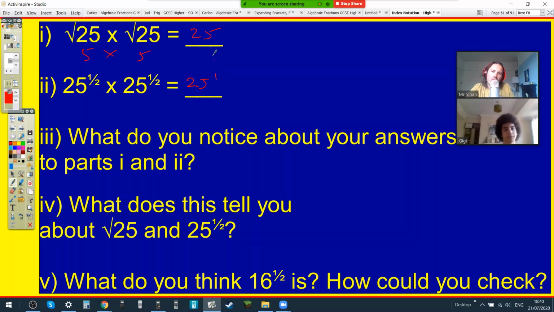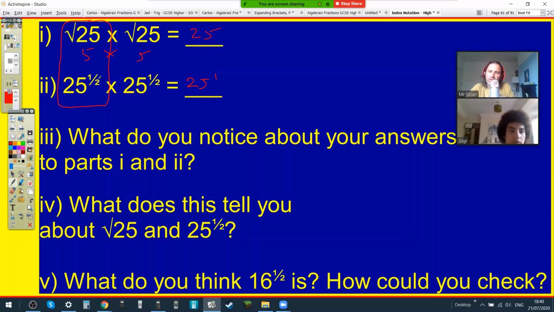What do you know about 25 and 25 to the 1? The same. And so something times itself gives you 25. Something else times itself gives you 25. What does that show you? That shows you that these two must be the same as each other.